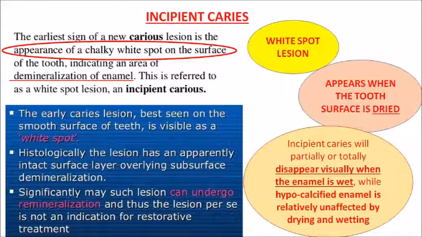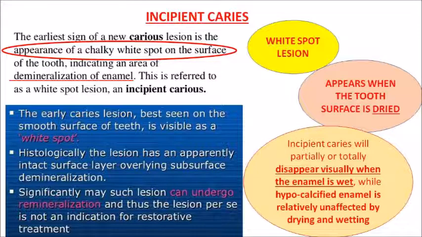Now, the early caries lesion is best seen on the smooth surface of the teeth, visible as a white spot. Histologically, the lesion has an apparently intact surface layer overlying subsurface demineralization. So there will be an intact superficial surface of the tooth, overlying the subsurface demineralization. Significantly, such a lesion can undergo remineralization, and thus the lesion per se is not an indication for restorative treatment.